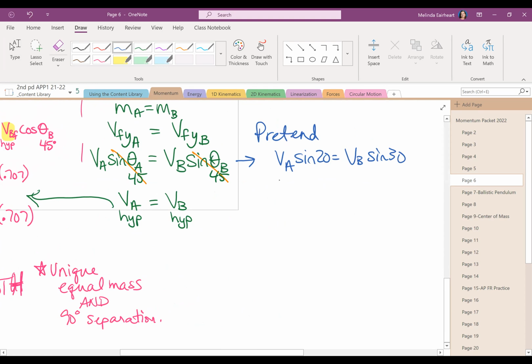Then just simplify, so solve for one of them. And then sine 30 divided by whatever sine 20 is. Sine 30 is 0.5. I don't know what sine 20 is, but it's bigger. You would just simplify the numbers that way. Okay? All right.